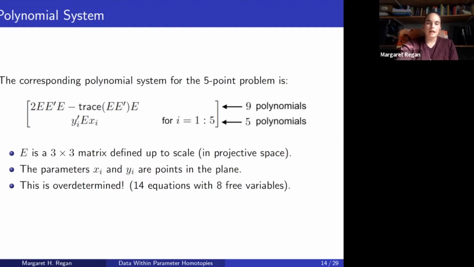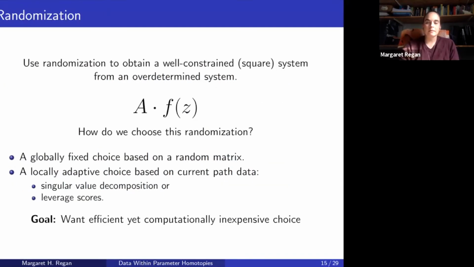And so John and I, Jonathan Hauenstein, my PhD advisor, worked together to develop randomization techniques that allow us to create a square, well-constrained system rather than having this overdetermined system, and apply these techniques to the 5-point problem.